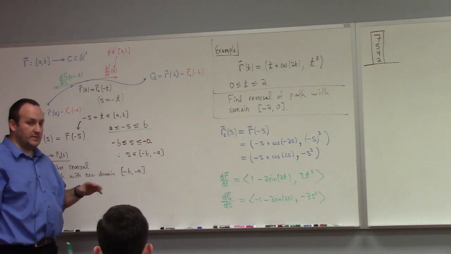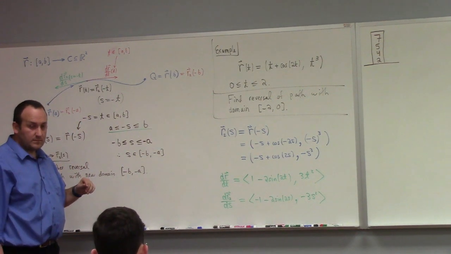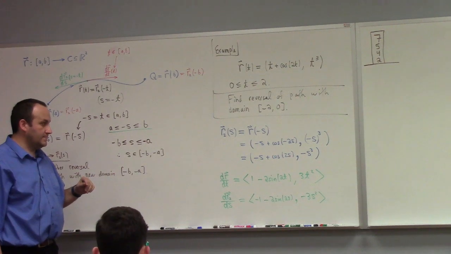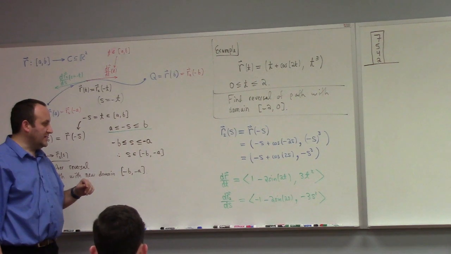So on the top, when you simplify cosine negative 2s to cosine 2s, you carry that over when you take the derivative of that? Since sine's an odd function. I don't know what you mean.